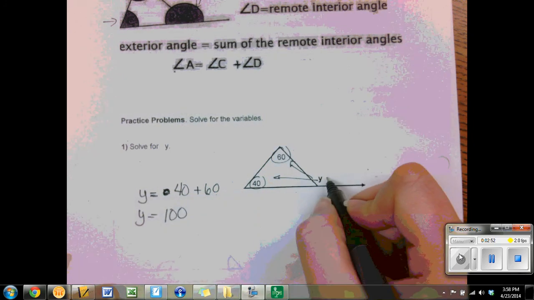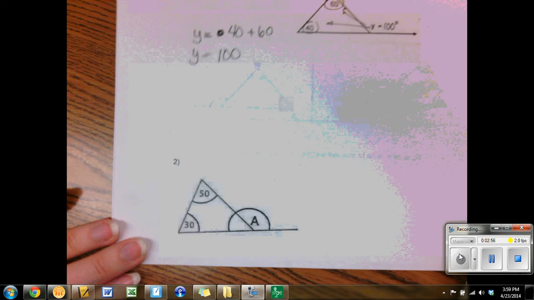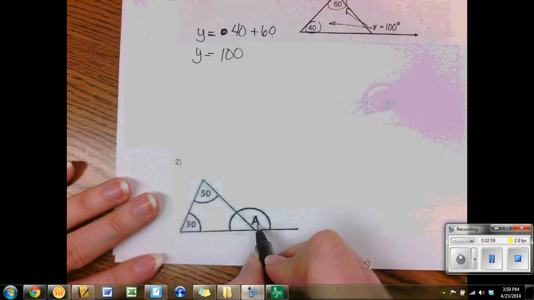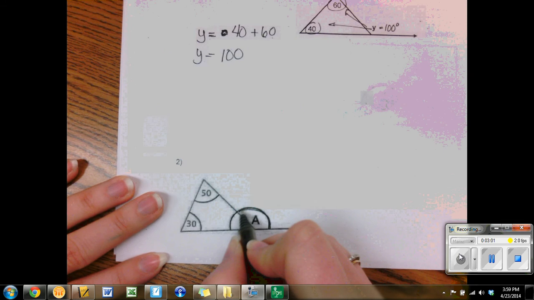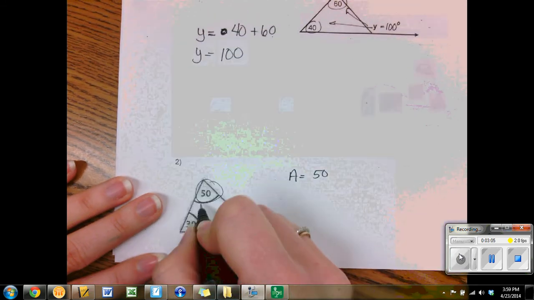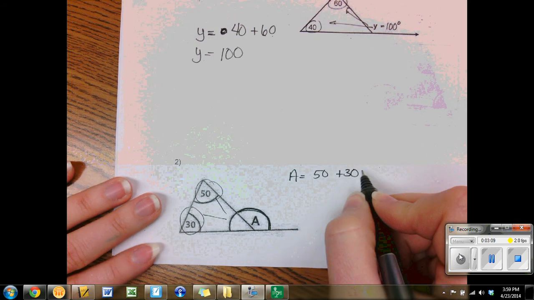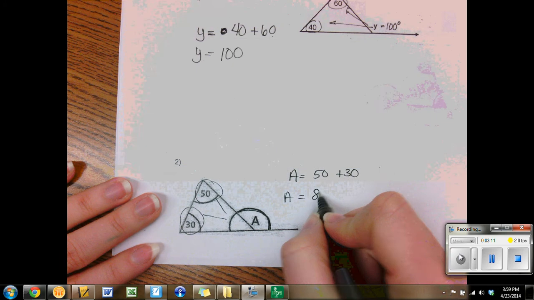So Y is 100 degrees. This one, A, is my exterior angle. It's that one outside here. So A is going to equal these two angles added together, 50 plus 30, A equals 80 degrees.